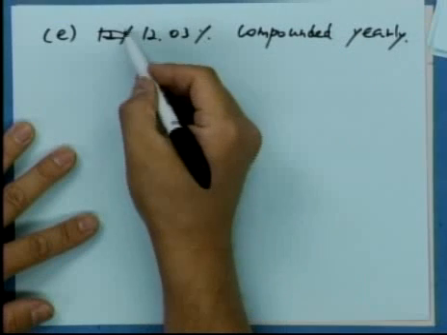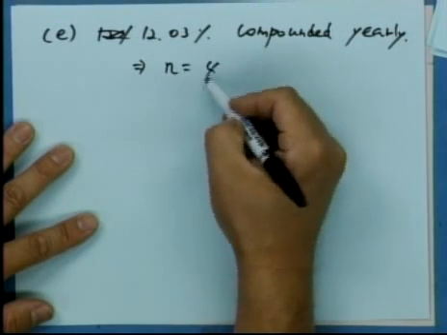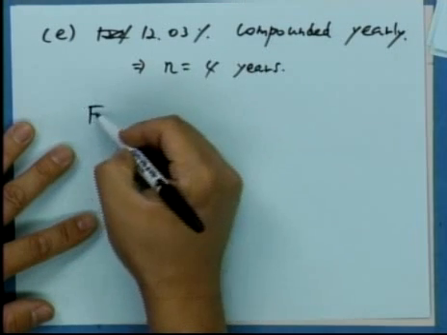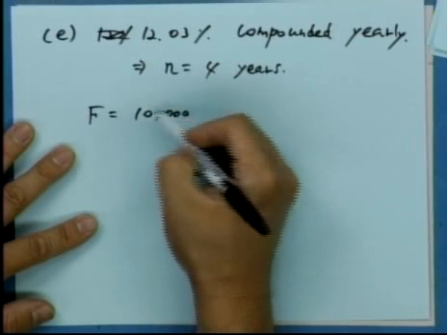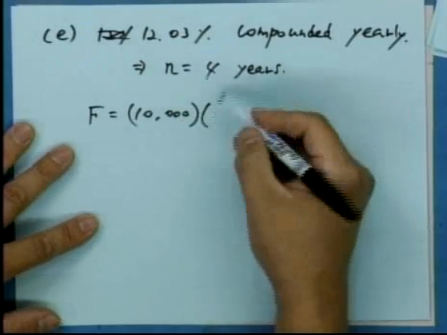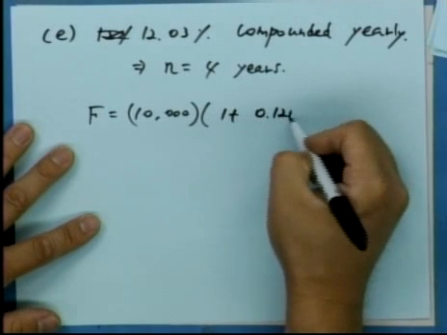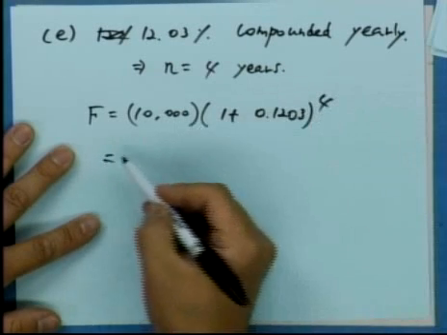So in this case, we can use n equals 4 years, right? And the future sum of money can be obtained by 10,000 times 1 plus 0.1203 to the power 4, right?